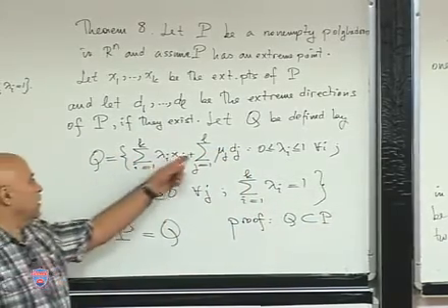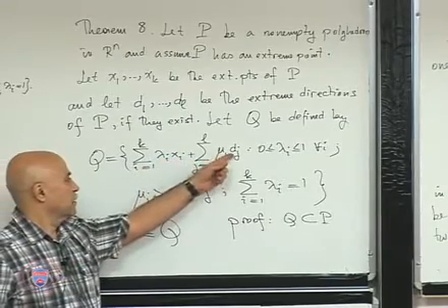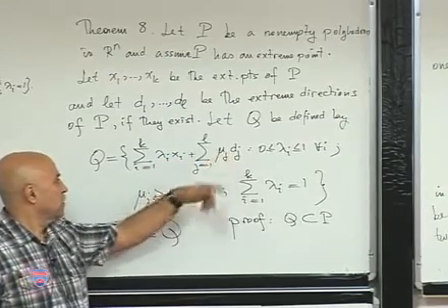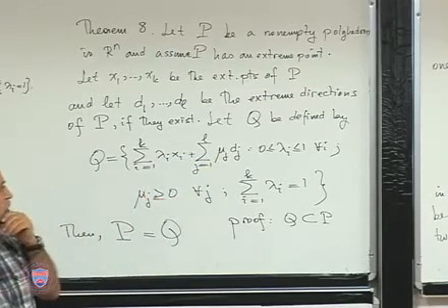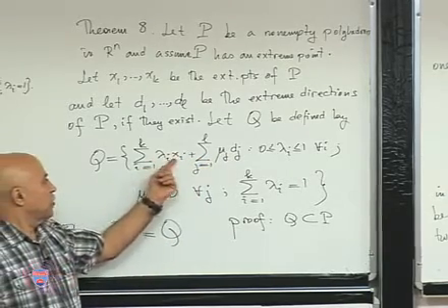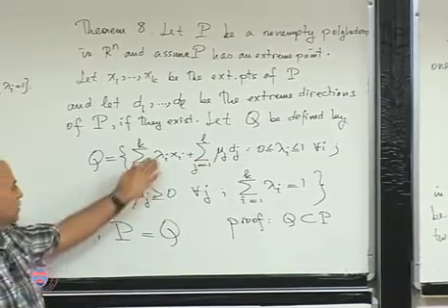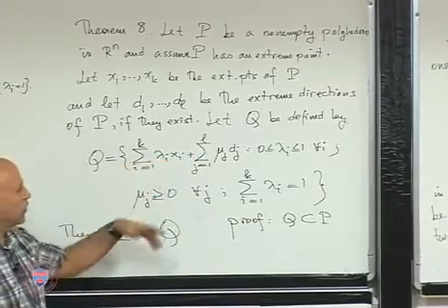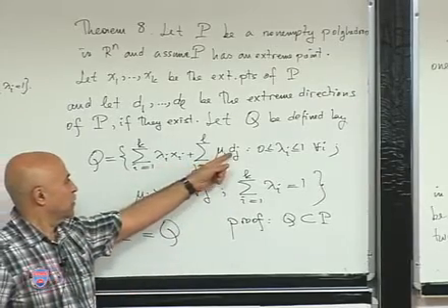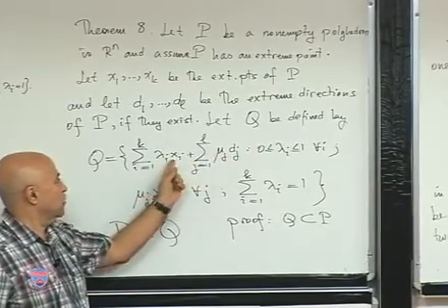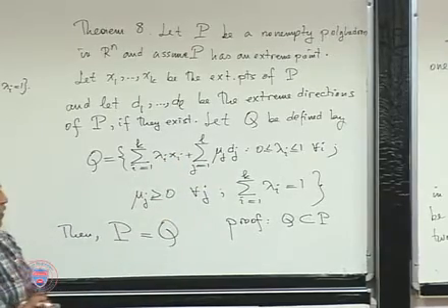Because if you take any convex combination of extreme points and non-negative combination of extreme directions, xi's are points in your feasible set, and when you add positive multiples of dj's to feasible points, you still continue to stay in the feasible set.